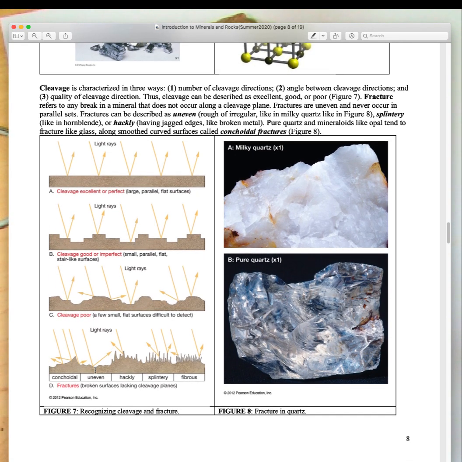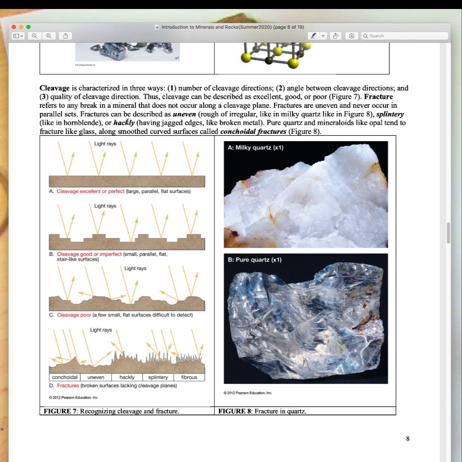And if the mineral has no cleavage at all, has a fracture, you would see this random direction of light bouncing off, so you wouldn't see that flat parallel or repetitive direction you would expect to find in cleavage. Quartz is an important mineral. Quartz has no cleavage. Milky quartz has a fracture called an uneven fracture.